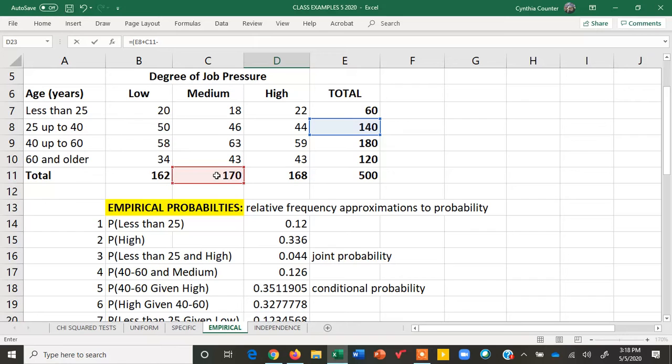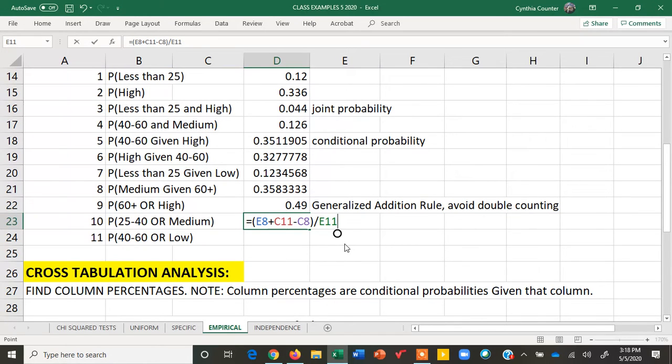But now we subtract this intersection of 46 individuals that was counted in both the age row and the job pressure column. Close our parenthesis and divide by the grand total of 500. We can see what I did up here, and we see that we do indeed have vertices creating a rectangle. So now when we hit enter, we see it's 0.528.